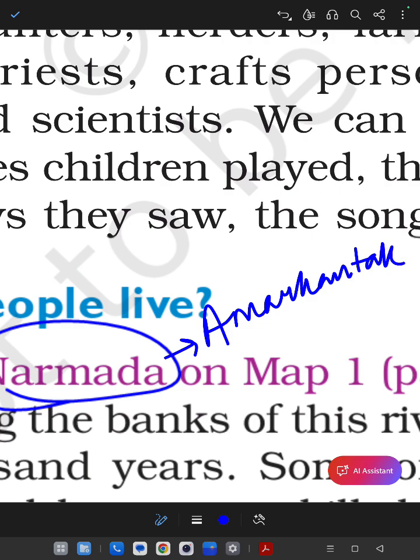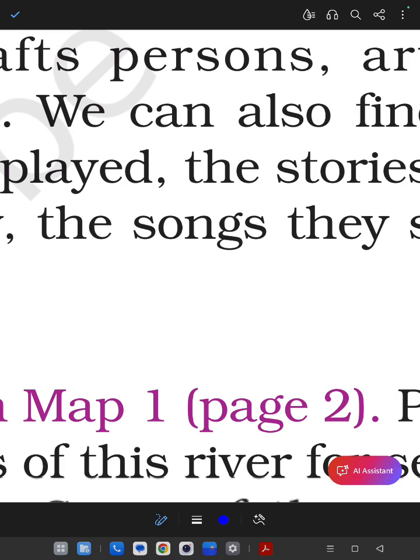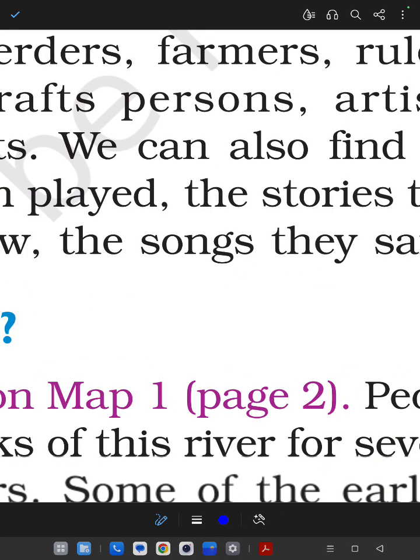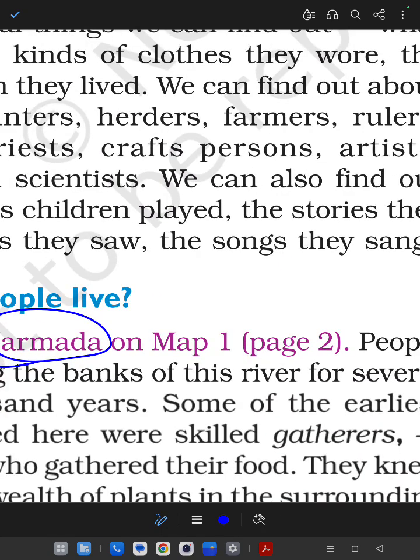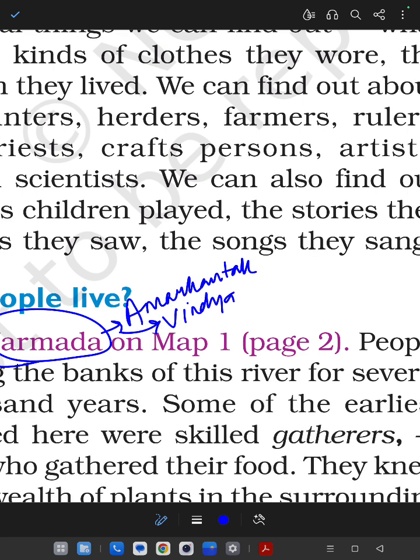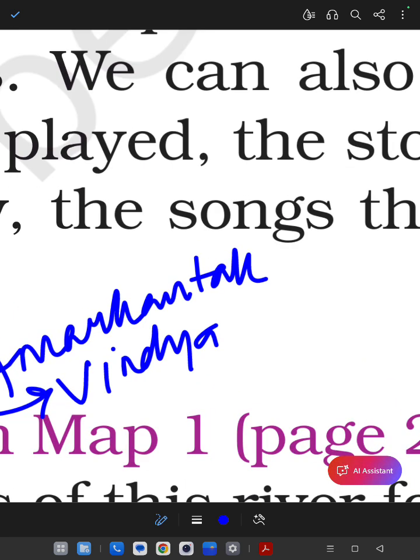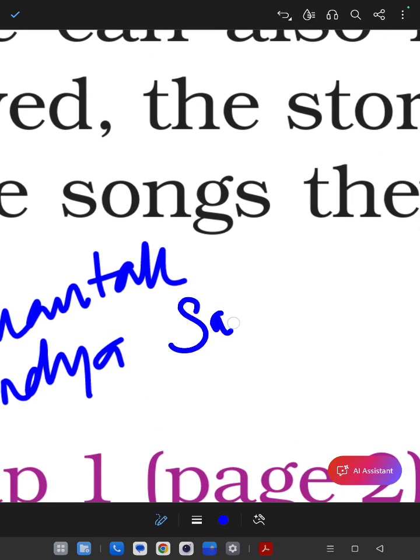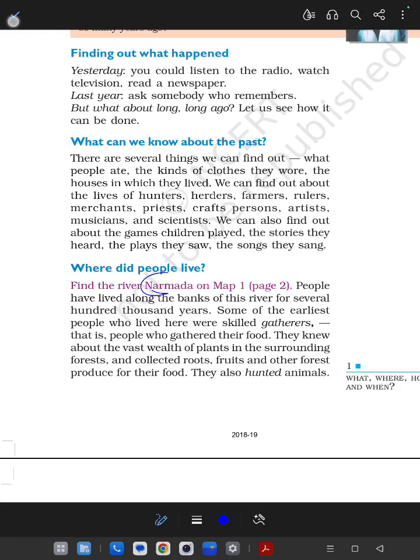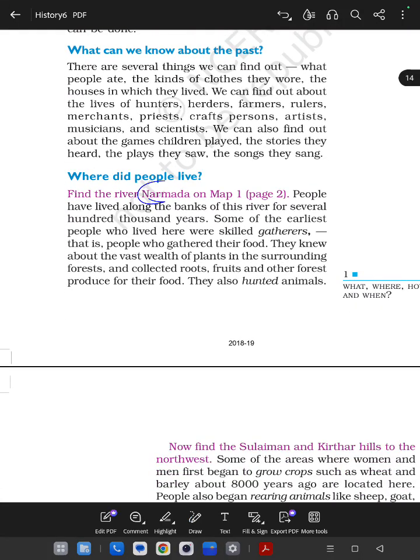It is situated in between Vindhya and Satpura, and we can also remember that it has left and right bank tributaries like Hiran, Orsang and all. So this was the first. Now here, what is mentioned about Narmada, let's see.